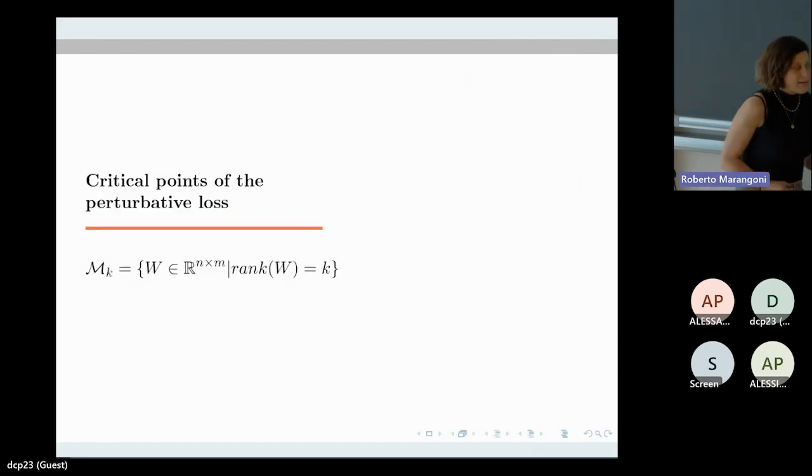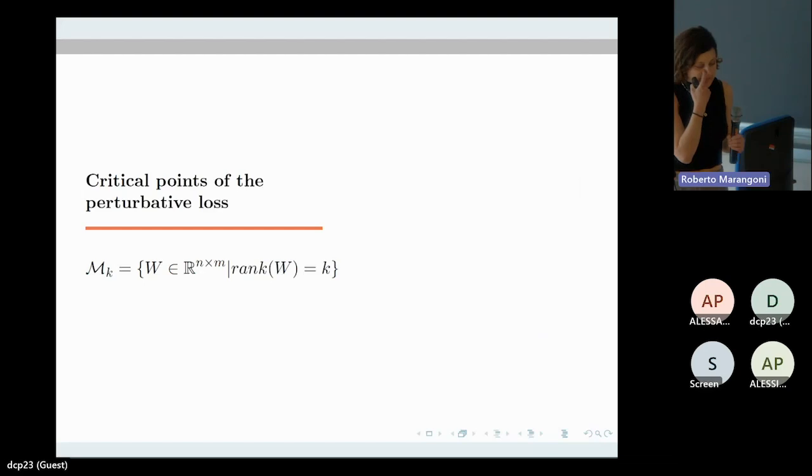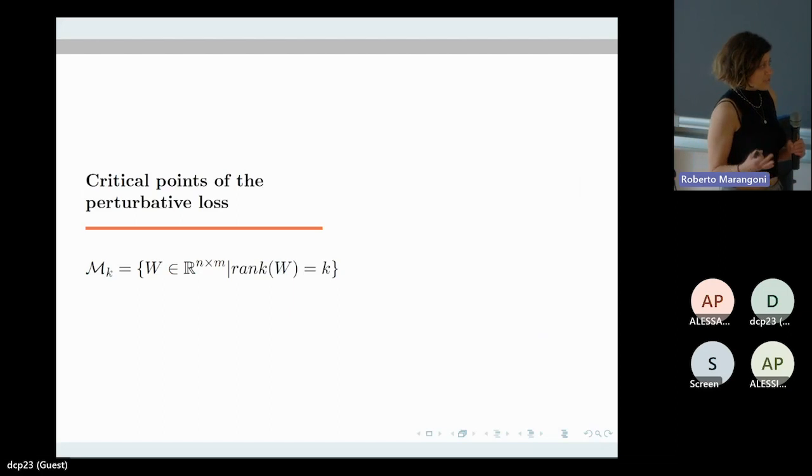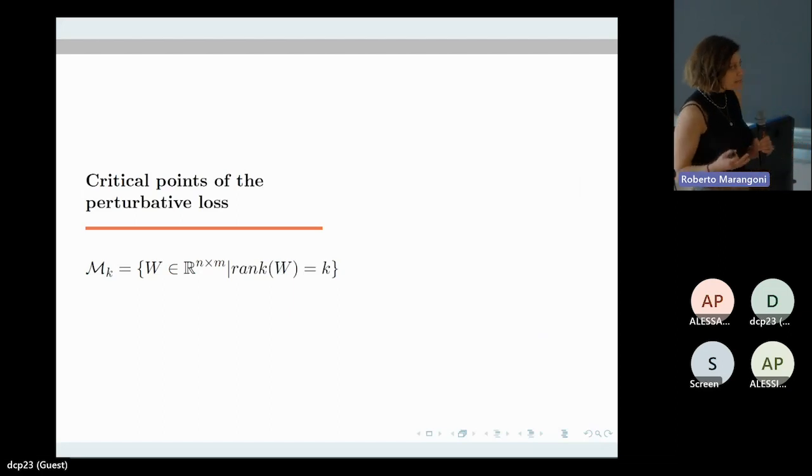The first thing that we will discuss is the critical points of the perturbative loss. Again, we are dealing with a minimization problem where the minimization is taken over rank constrained matrices.